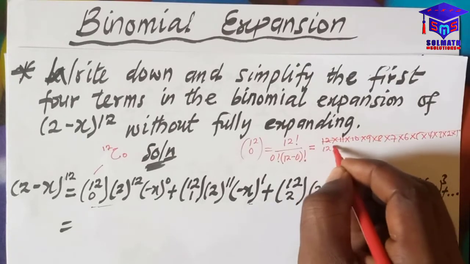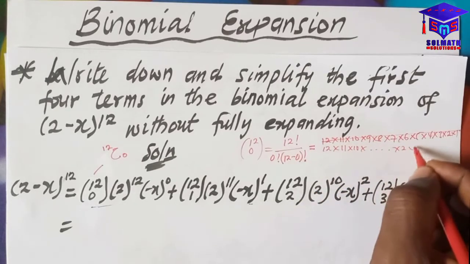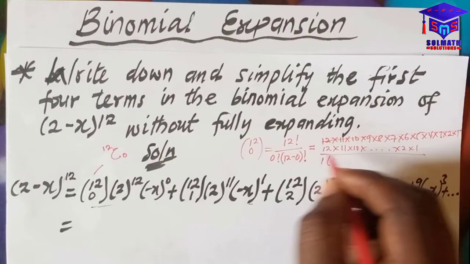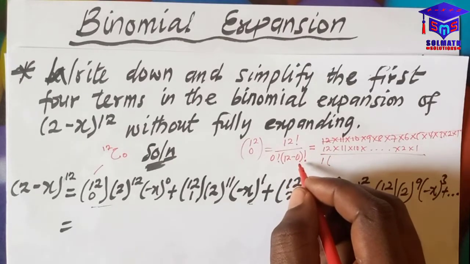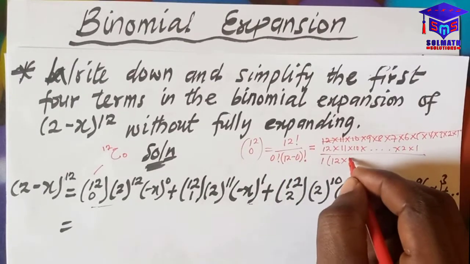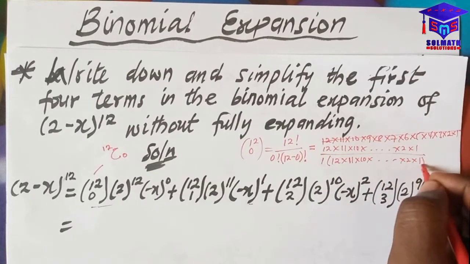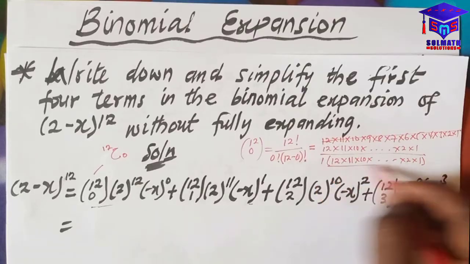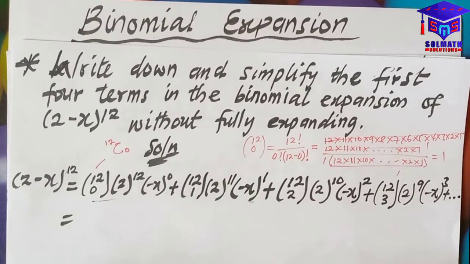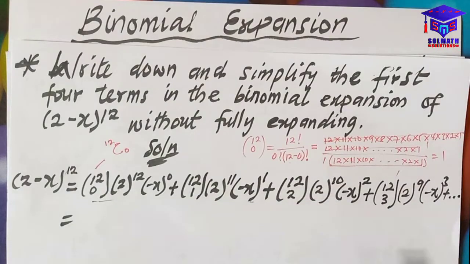You can just see that 12 times 11 times 10 times dot dot dot times 2 times 1, over 0 factorial, which is 1, times 12 minus 0, which is 12, so times 12 factorial again. 12 factorial is 12 times 11 times 10 times dot dot dot times 2 times 1, just as we have in this case. Then this goes here 1, this goes here 1, so it's actually equal to 1.